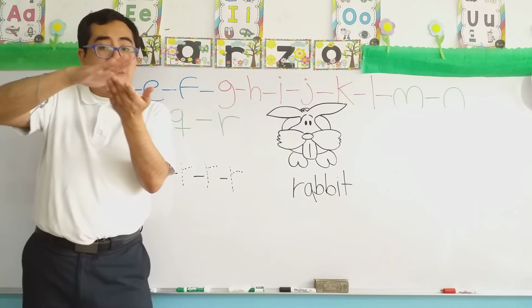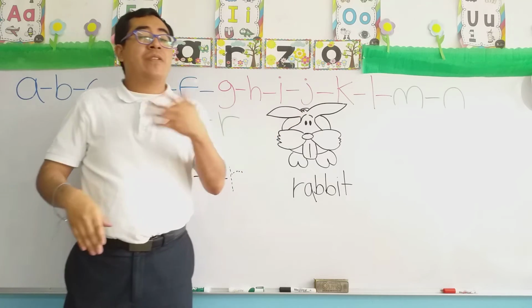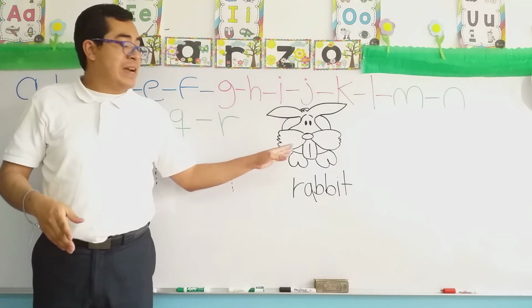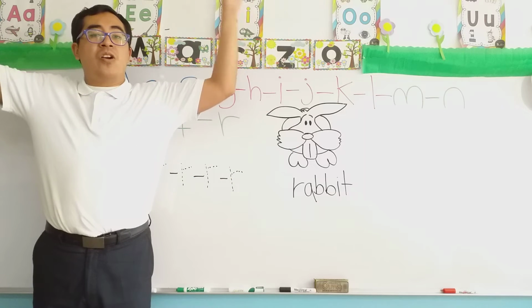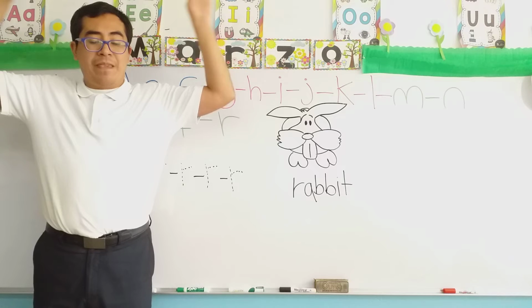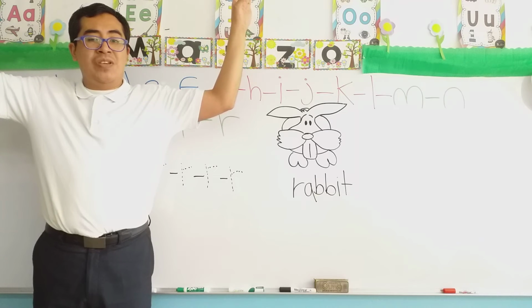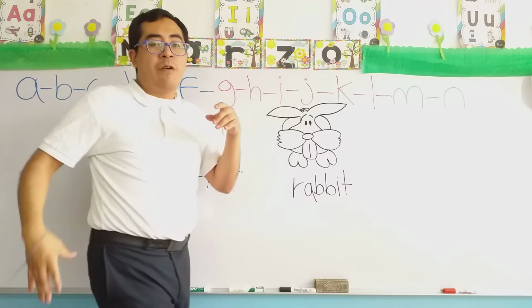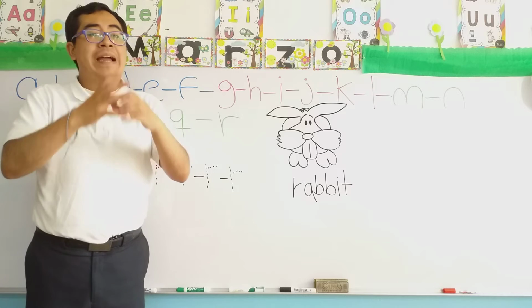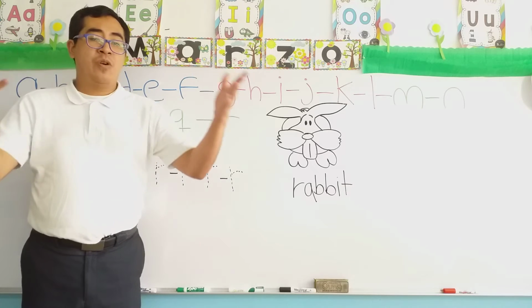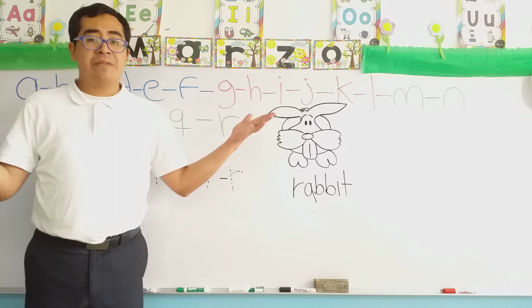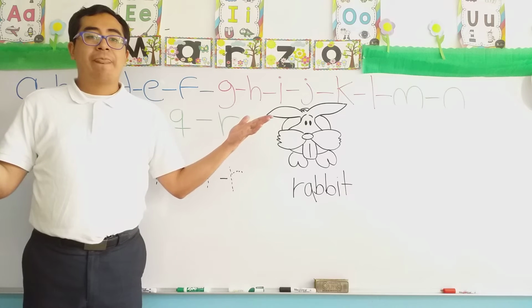Okay, jumping like Mario Bros. Now, another characteristic of this animal is that it has large ears, a tail in the form of a circle, and is completely color white. Do you know what animal I'm talking about?